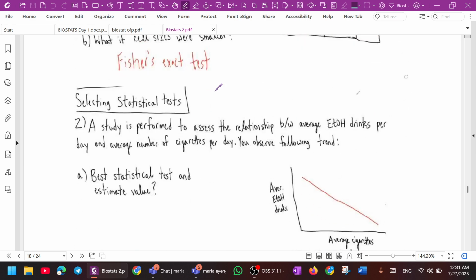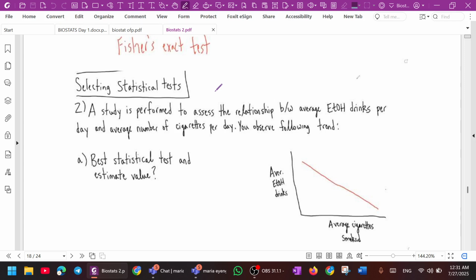Okay, give me this one. A study is performed to assess the relationship between average ethanol drinks per day and average number of cigarettes per day. You observe the following trend-based statistical test and estimate value: average ethanol drink, average cigarette smoke.